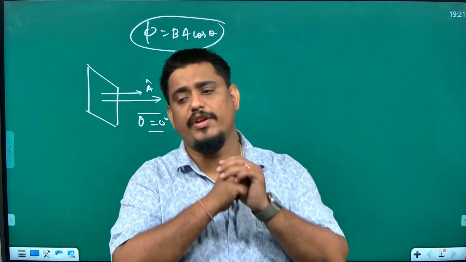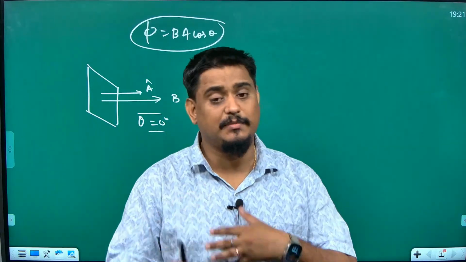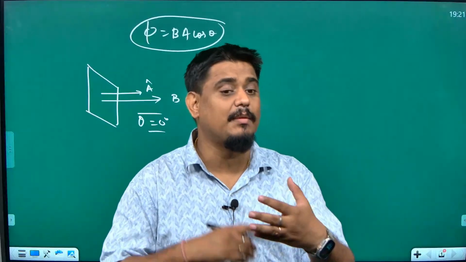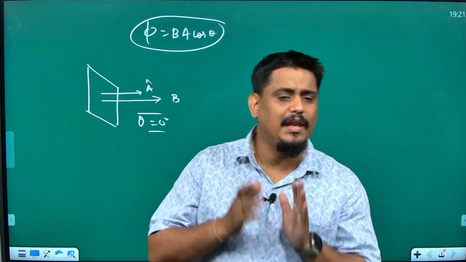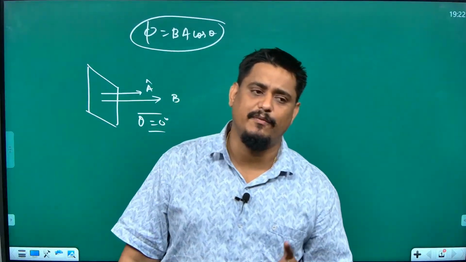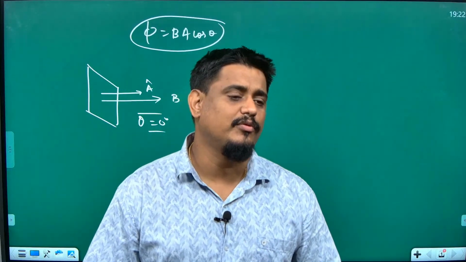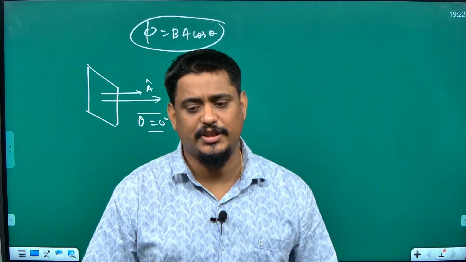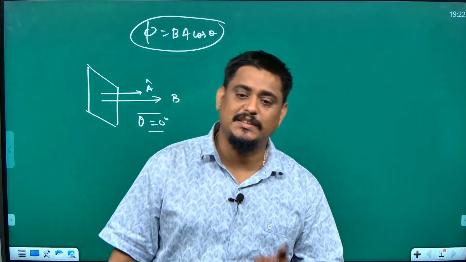If there is no change in magnetic flux, then there is no induced EMF. If there is a big change in magnetic flux, there will be a big induced EMF. Very important point. This was the first law of electromagnetic induction, given by Faraday.